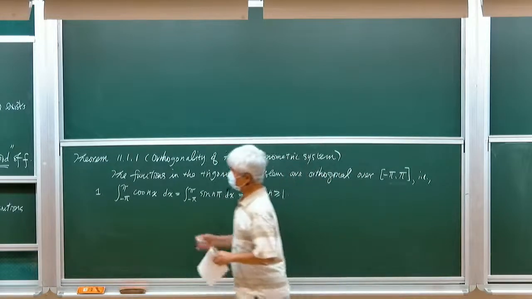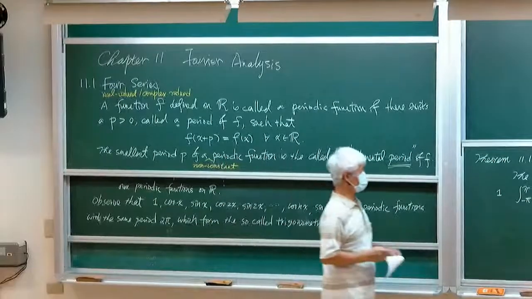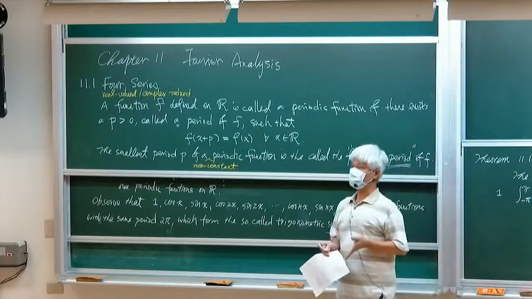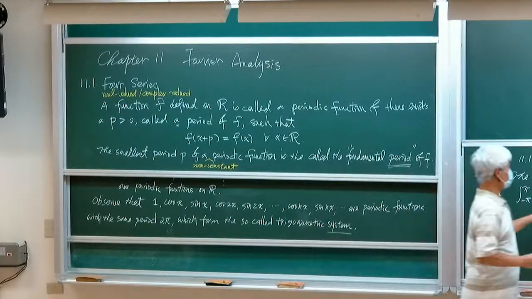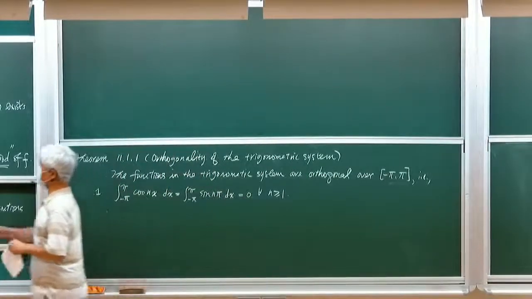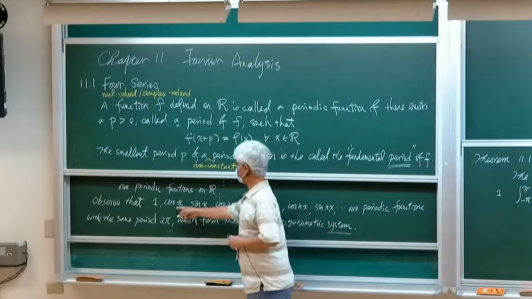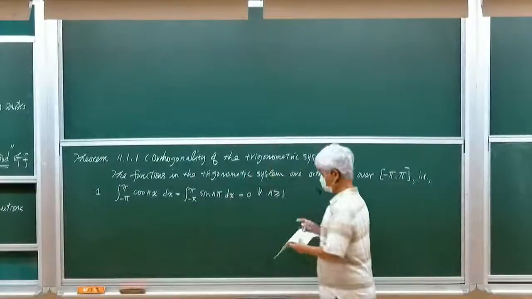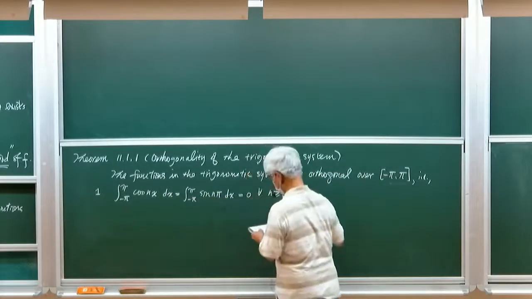So except the constant function 1, right? If you integrate constant 1 over this interval, the value will be 2 pi, which is not 0. But other than the constant function, all this trigonometric function, this sinusoidal function, has the definite integral which is equal to 0.